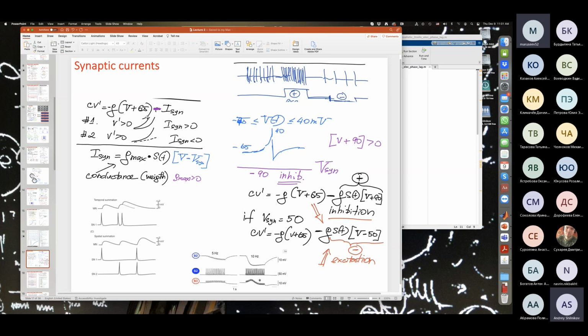It's going to speed up the spike formation in the cell. Otherwise, if the synaptic current is negative or inhibitory, it's going to delay the spike formation in the cell. As simple as that.